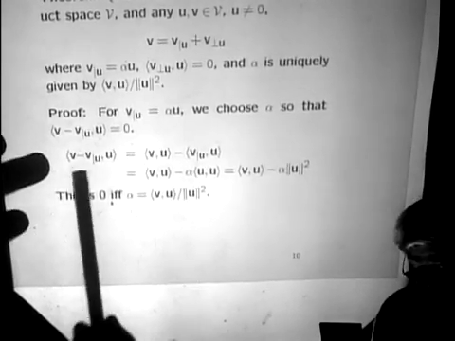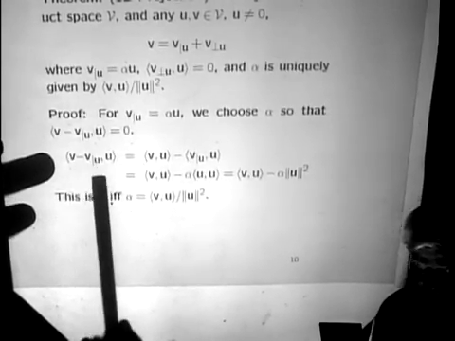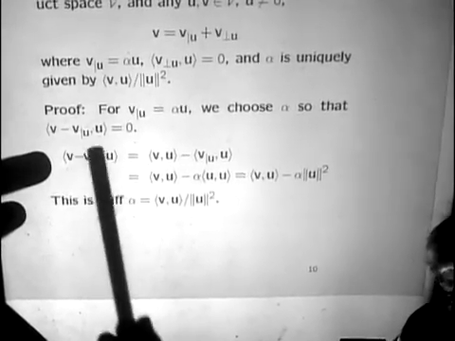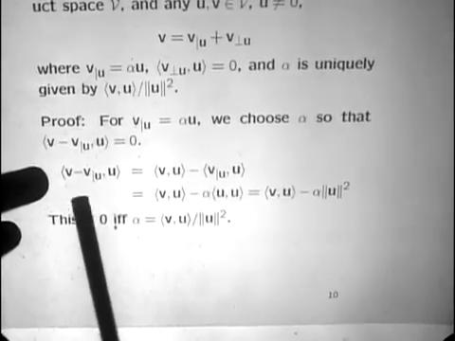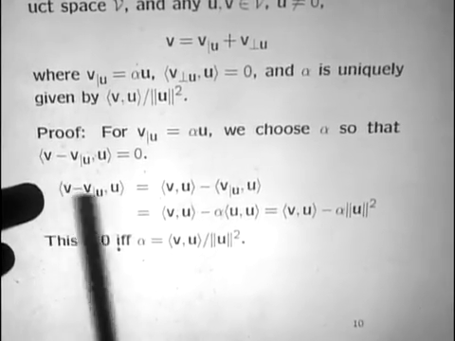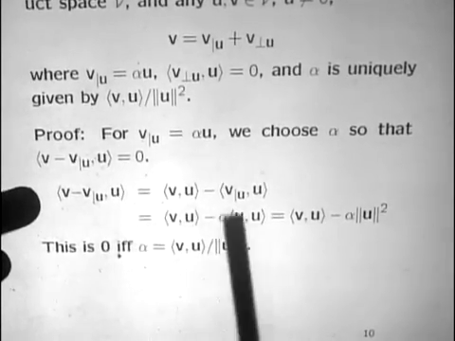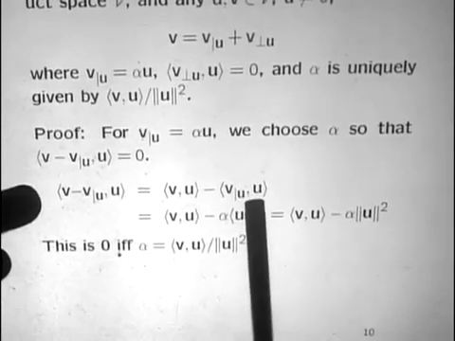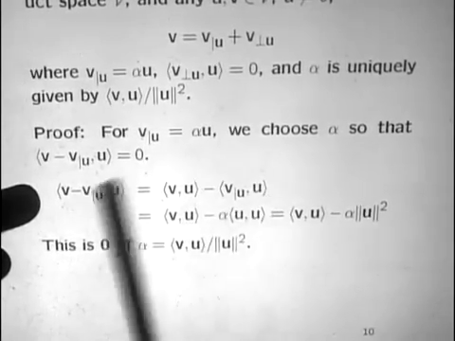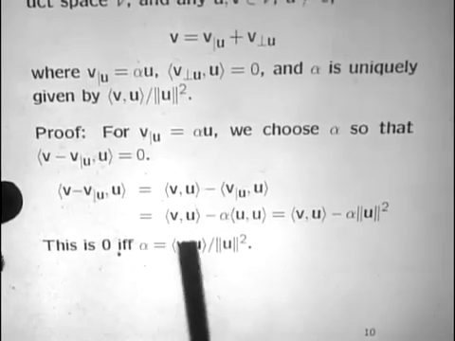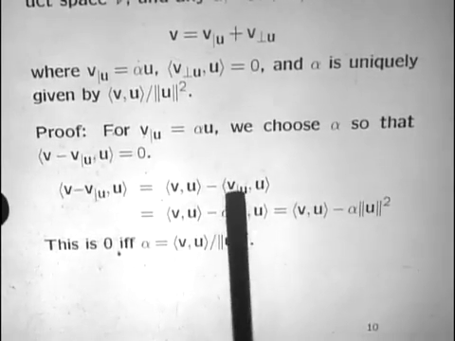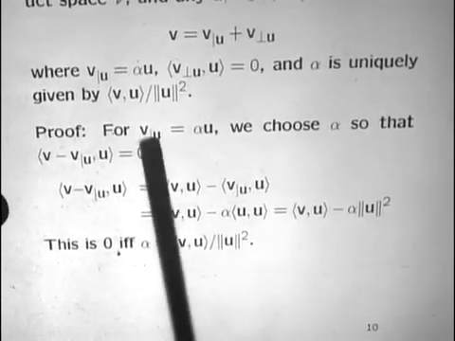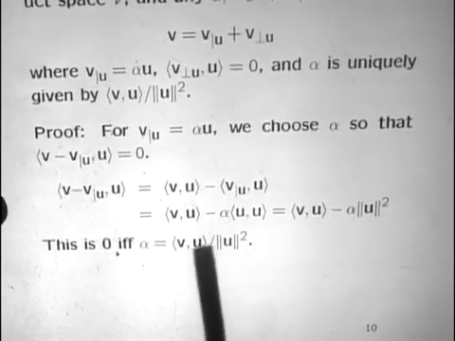So V minus this projection term, this is called the projection of V on U, is equal to the inner product of V and U minus the inner product of the projection with U. Since we have chosen this term to be alpha times U, we can bring the alpha out.